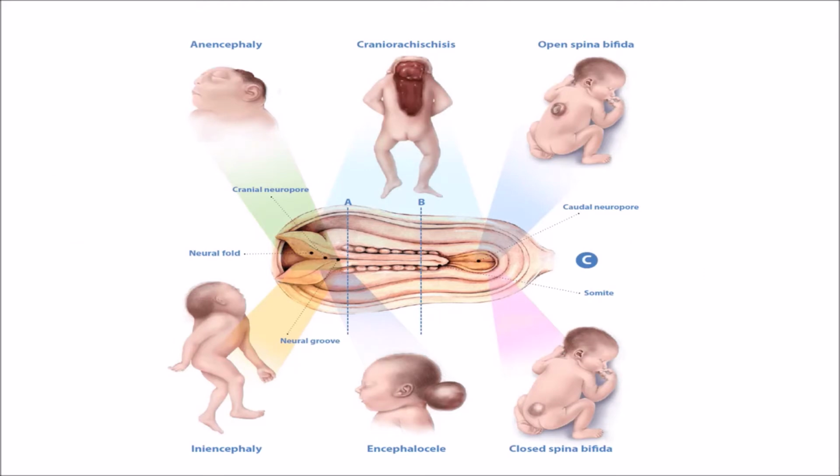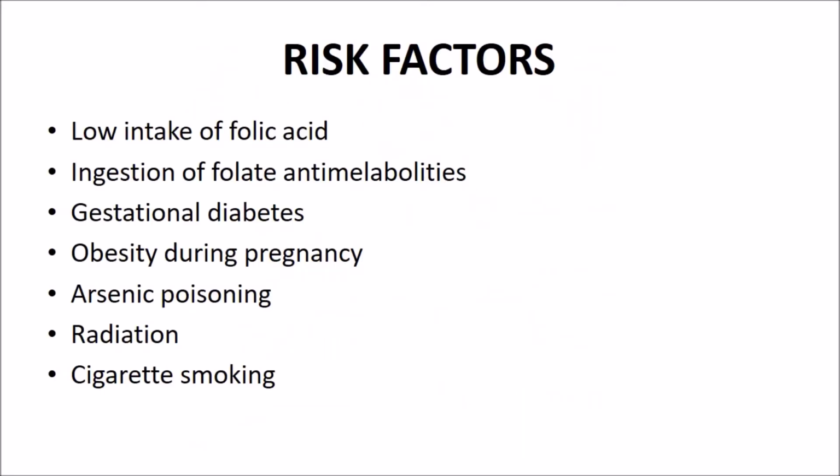So these are different types of neural tube defects: anencephaly, cranioschisis, encephalocele, and spina bifida. So what are the different risk factors? Generally, there are a few risk factors we look for when a child presents with neural tube defects.